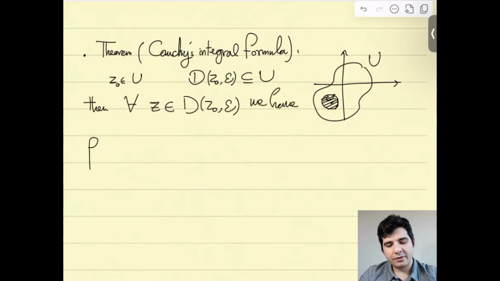The point is that f(z) can be expressed as an integral, or in fact, a sum of two integrals.